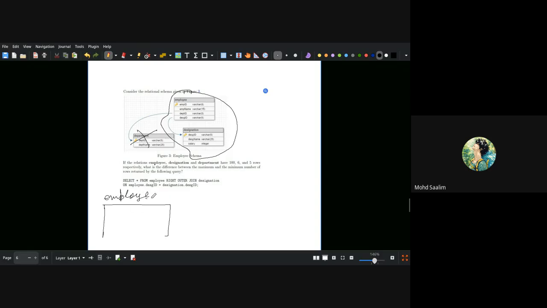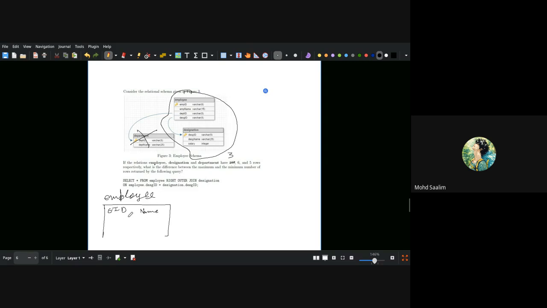Let me draw a very simple scenario. In the original question, they said we have 100 employees. I am assuming, instead of 100, we have 3 employees, just to explain it to you. We have employee ID, which I'm calling EID for now, and employee name.